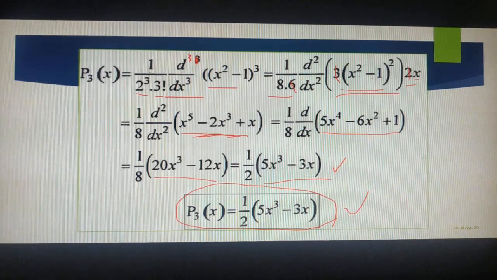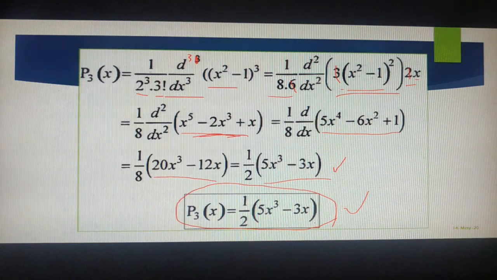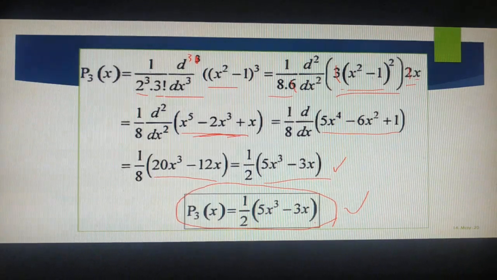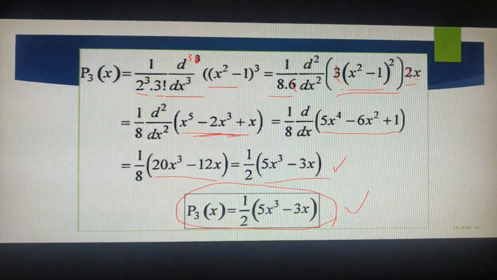P3 of x value is 1 by 2 5x cube minus 3x. At least up to third order polynomial, please try to memorize. These will help us while doing your problems. Otherwise, it's really difficult. Again, you have to use your Rodrigues formula and substitute n is equal to 3, then to get your P3 of x.